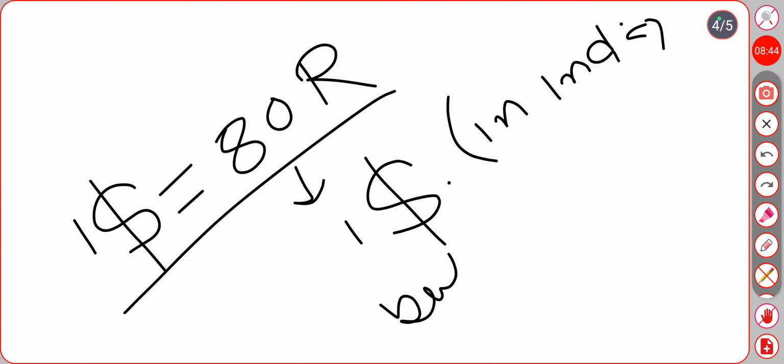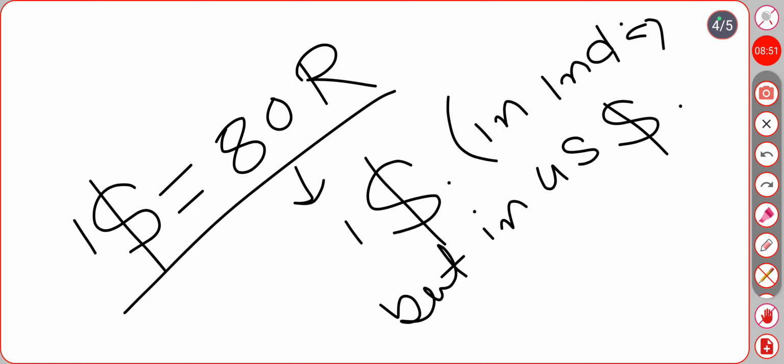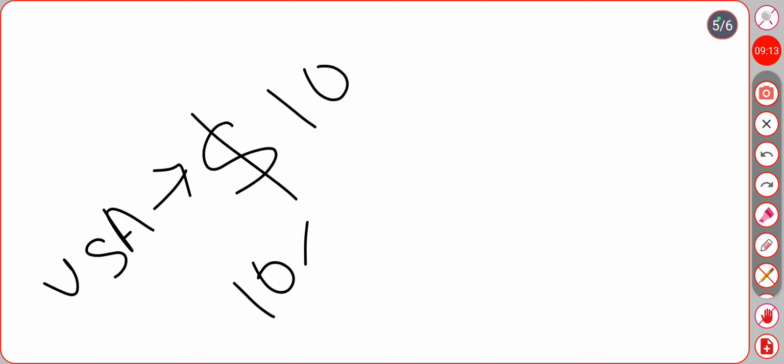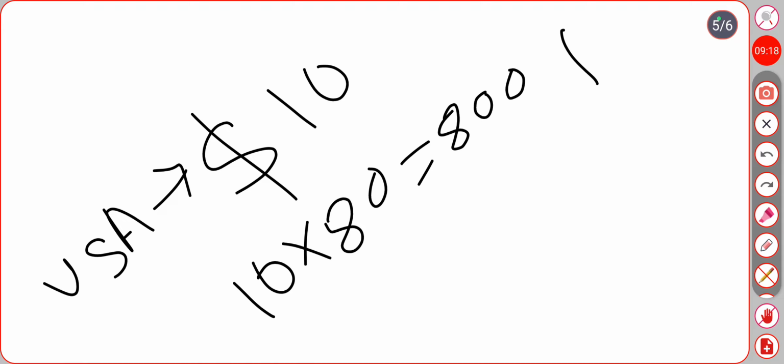But in the USA, we need to pay $10. That means if we convert it into Indian currency, that is 10 into 80, equal to 800 rupees.